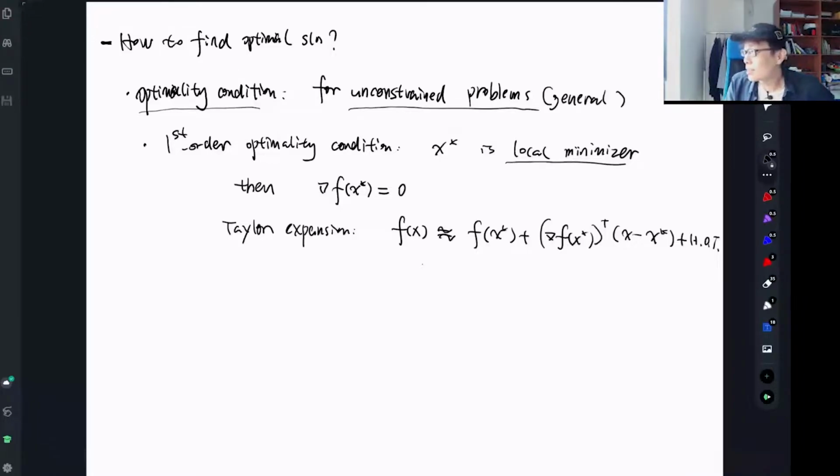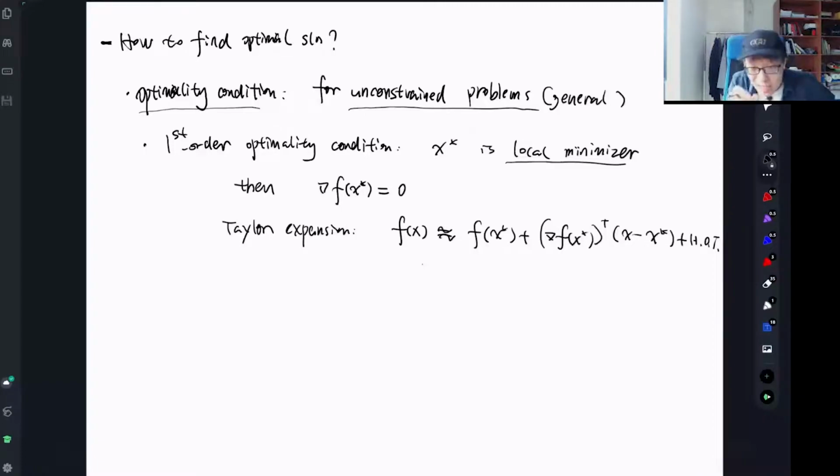Well, if I want to define this very rigorously, we need to spend another slide or two to discuss what I mean by a local optimizer. But let's assume you know roughly what it means: locally around this x star, there's no other x that has a smaller cost.